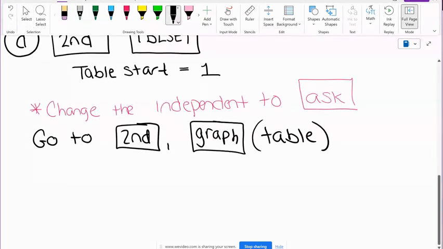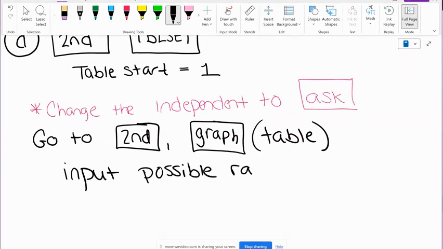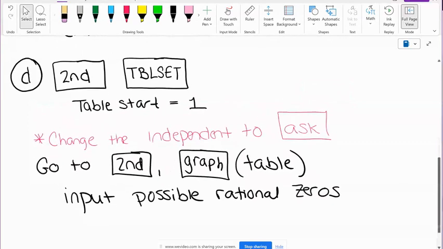It says table, okay. And then we're going to input possible rational zeros. And we'll do this all together. So just write it down so you have something to reference, but then I'll walk you through it.